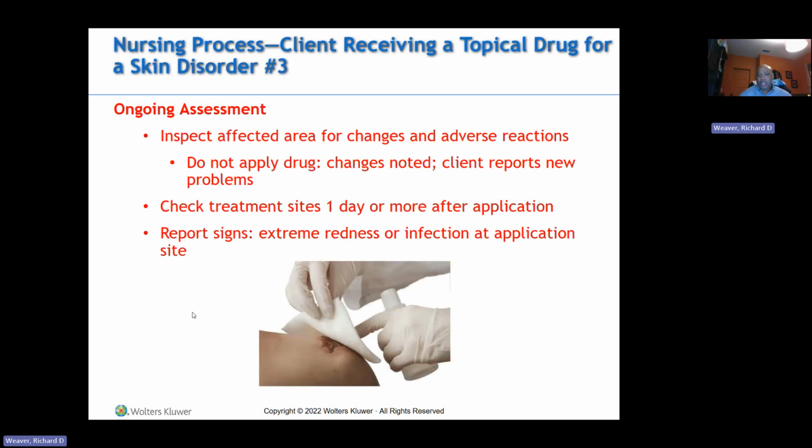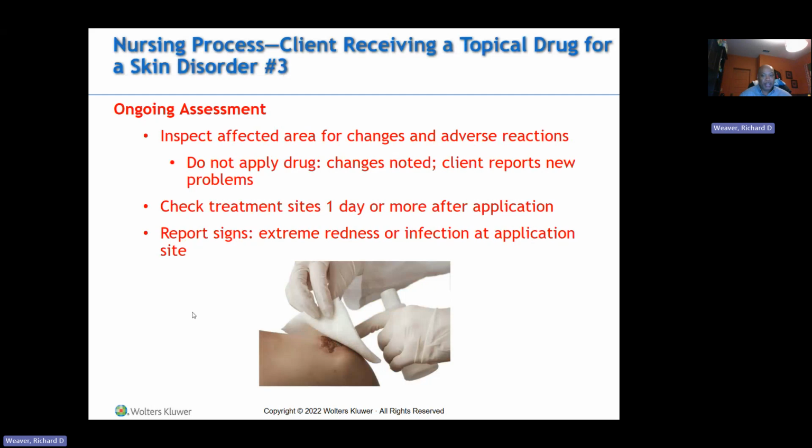All right, so at the time of each application, inspect the area for changes such as signs of improvement or worsening of the infection. And also, we are observing for adverse reactions such as redness or rash. And so, what we want to do is contact the primary care provider and do not apply the drug if these or other changes have been noted, or if the patient reports any kind of new problems, such as itching, pain, soreness at the site.